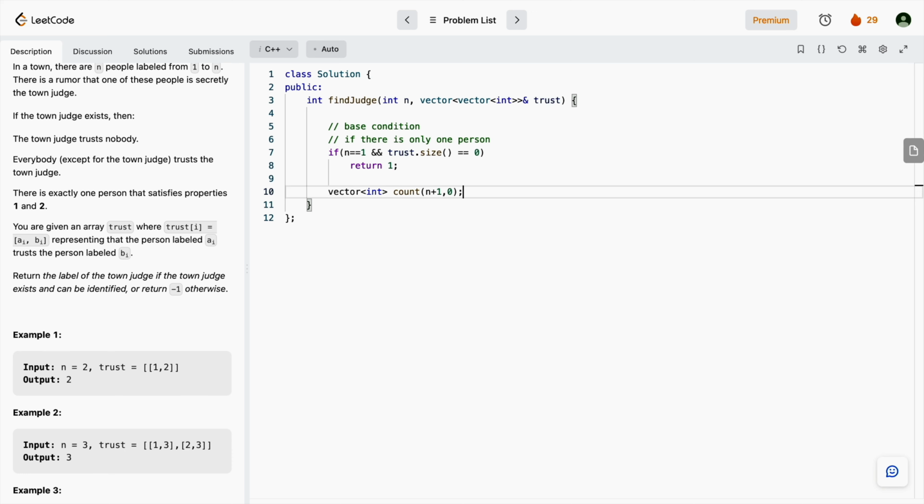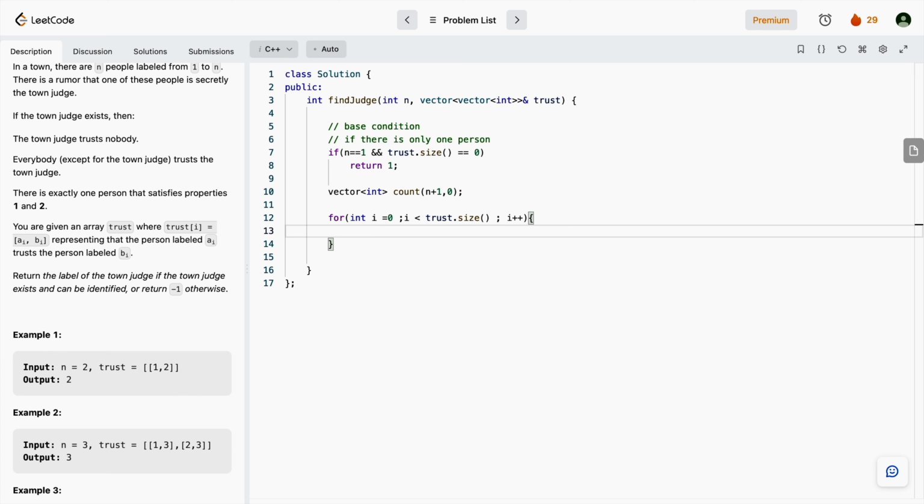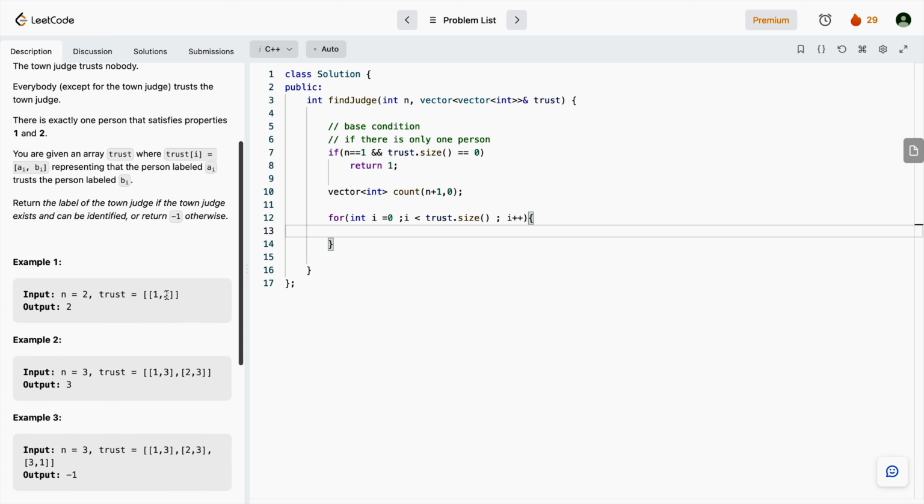Now I will be storing the count. For that, I will initialize a for loop running over the trust vector. The second person, this one, is trusted by some person.